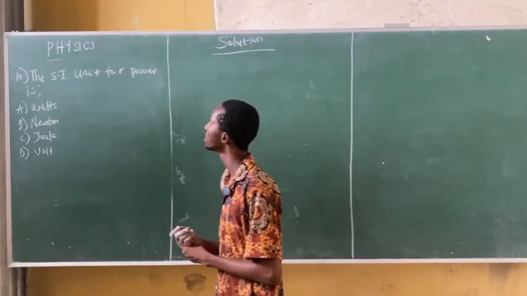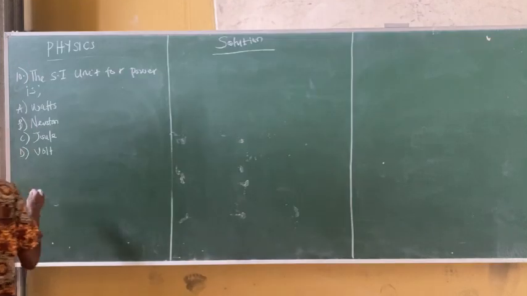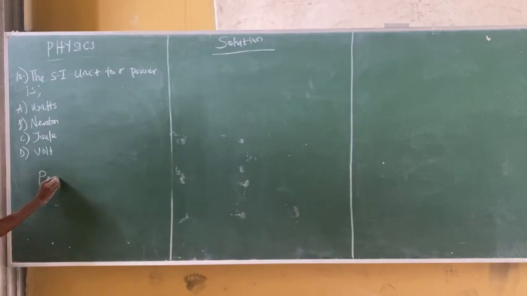Question 10 says, the SI unit for power is dash. What is the SI unit for power? Option A says watts, B says newtons, C says joules, and D says volts. Now recall that power is the rate at which work is done.